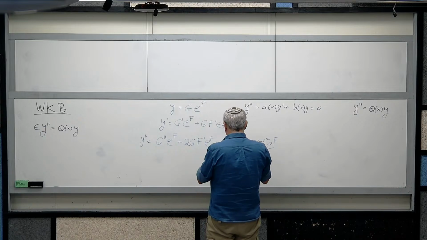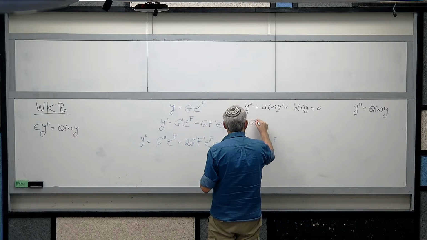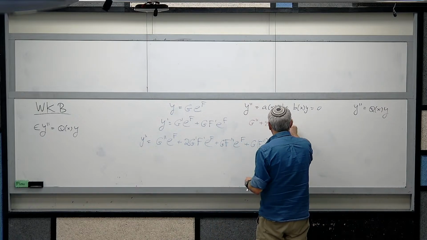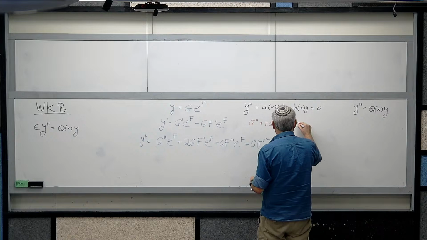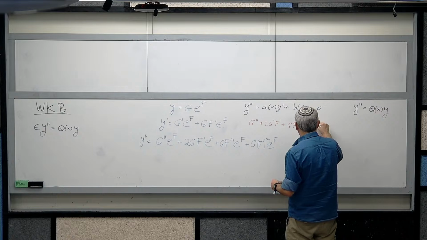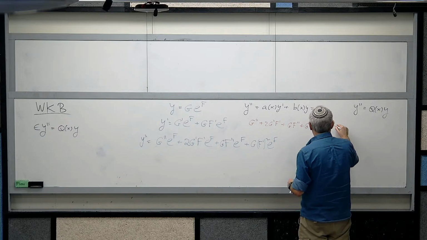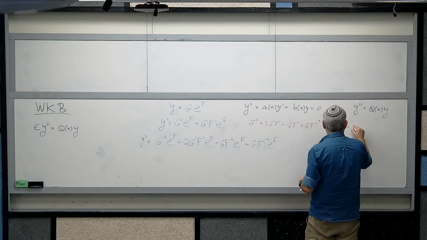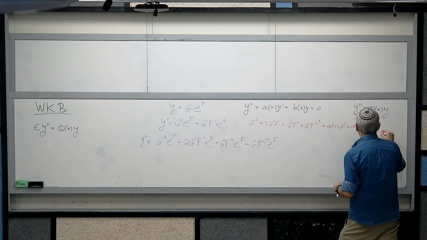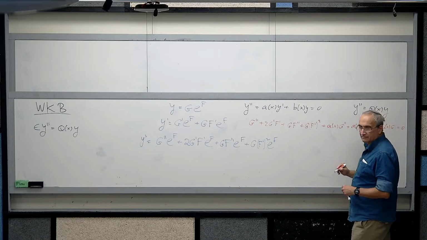So we ended up with g double prime plus 2g prime f prime plus g f double prime plus g f prime squared, right? This is y double prime plus a of x g prime plus a of x g f prime plus b of x g equals 0. Right? You agree with me?